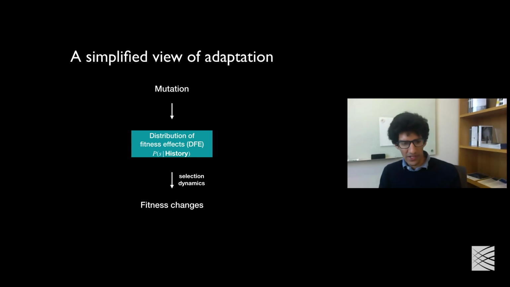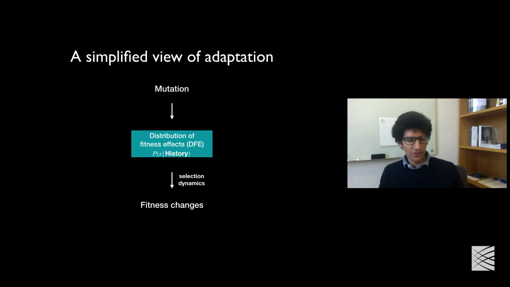Of course, this is a very simplified version of what really happens, as Michael just explained. You have competing clades, clonal interference, hitchhiking, and so on. But for the purposes of this talk, I'll be focusing specifically on the distribution of fitness effects and how that depends on evolutionary history.